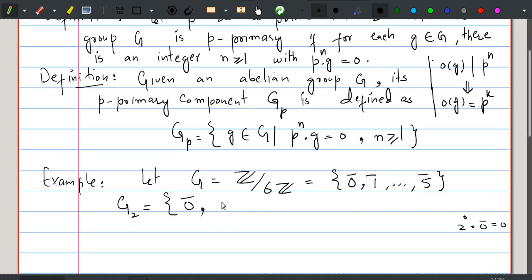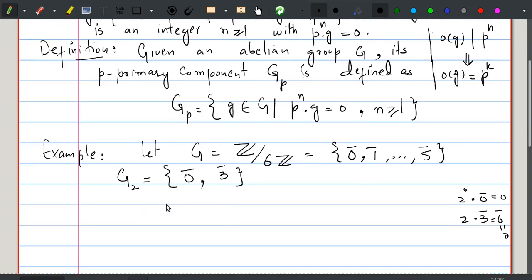Similarly, if we consider 3 bar, if we multiply 3 bar with 2, this becomes 6 bar, and 6 bar is nothing but 0 bar. So G_2 consists of only these two elements.